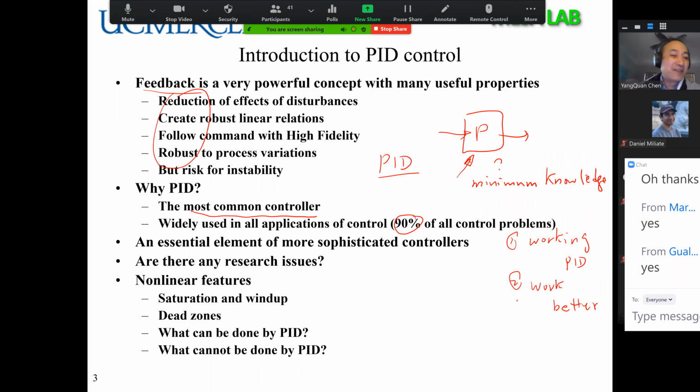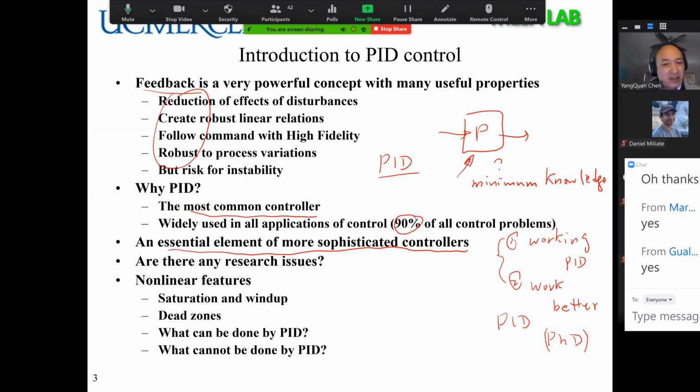So this is called more advanced controls. So that's why we say it's an essential element for more sophisticated controllers. Okay, so if you go to industry, if you can do PID, I think it's even more important than having a PhD. Okay, that's a joke.